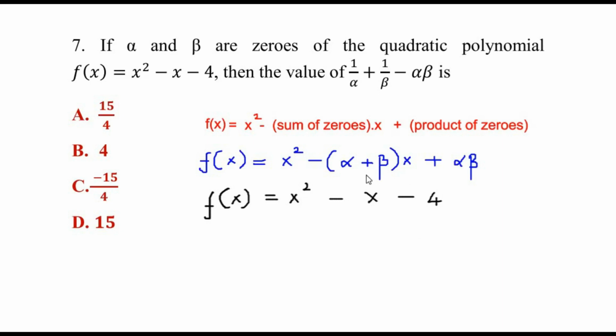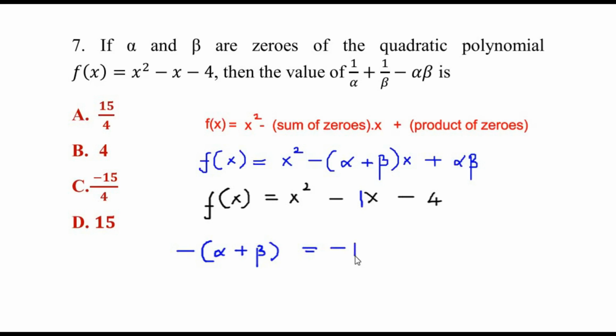Now looking at these two expressions, we are going to compare the x terms and the constant terms from the two equations. So here the coefficient of x is minus alpha plus beta. So let us write here minus alpha plus beta is equal to, here the coefficient of x is negative 1. If there is no number we take it as 1.